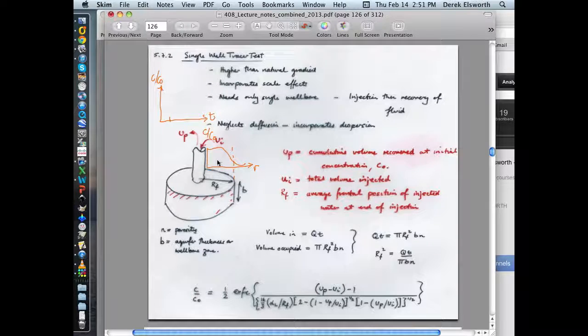If you now start sucking this back into the well bore, then you see the stuff that's the highest concentration first, and so you'd start right up here. And then as time went on, you'd get some kind of constant, and then it would tail off to some magnitude.